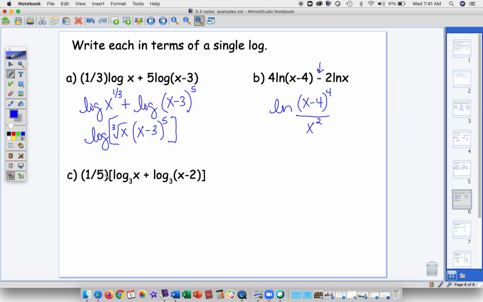Okay, now here, notice this 1/5 is out front with the brackets around it. So the first thing I'm going to do is work on the inside. So since this is a sum, that's going to become a product. So I'm going to leave the 1/5 out front. And it'll be log base 3 of x times x minus 2.